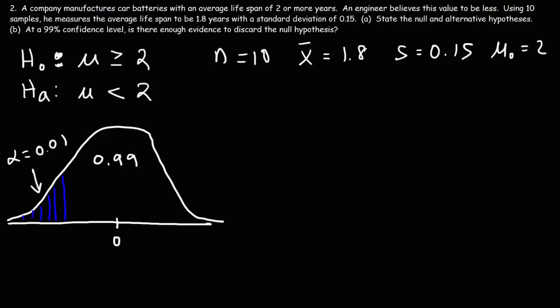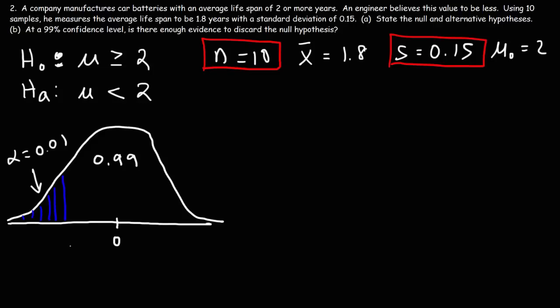Now, notice that the sample size is less than 30. So that tells us that we should use the t-distribution, plus we don't know the population standard deviation. We know the sample standard deviation. So when these two conditions are met, if you don't know the population standard deviation, and if the sample size is less than 30, that's a good indication that you should use the t-test as opposed to the z-test.